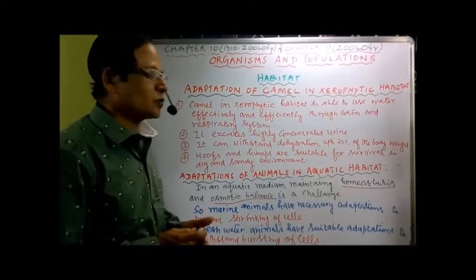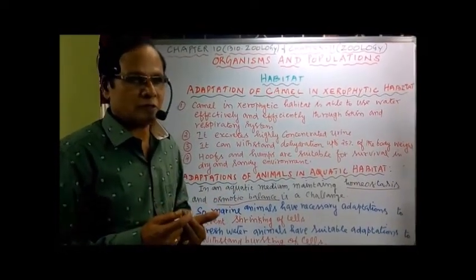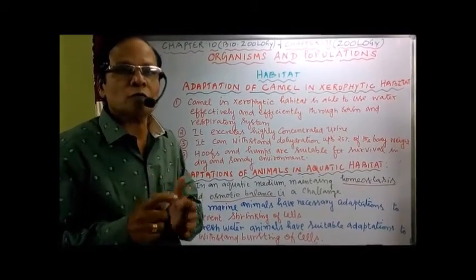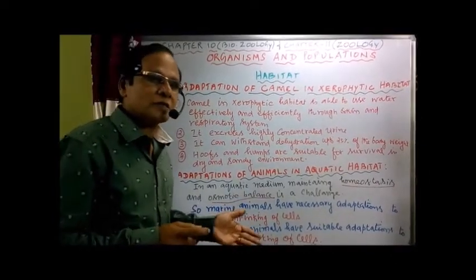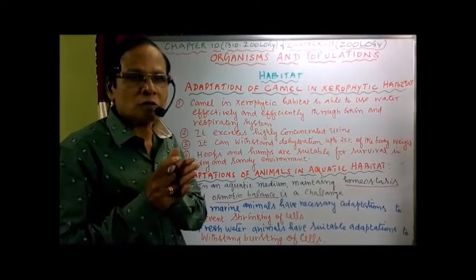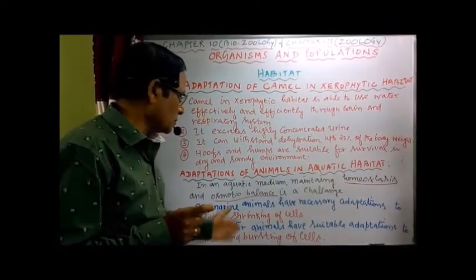Now in the case of fresh water, there is entry of water, gaining of water by endosmosis. As a result, the cell increases in size and is bloated with water. There is a chance of bursting of the cells. So these animals have developed adaptations to withstand the bursting of cells.